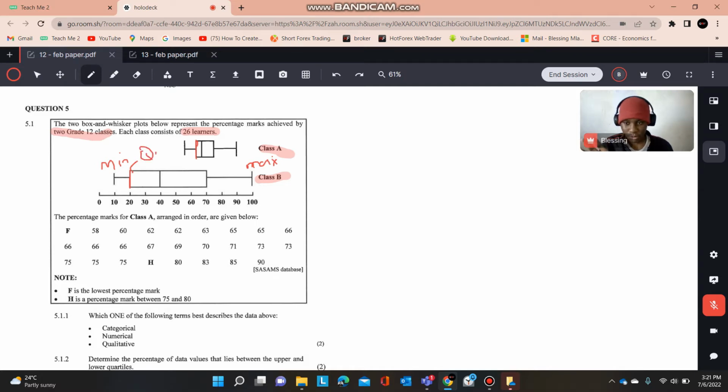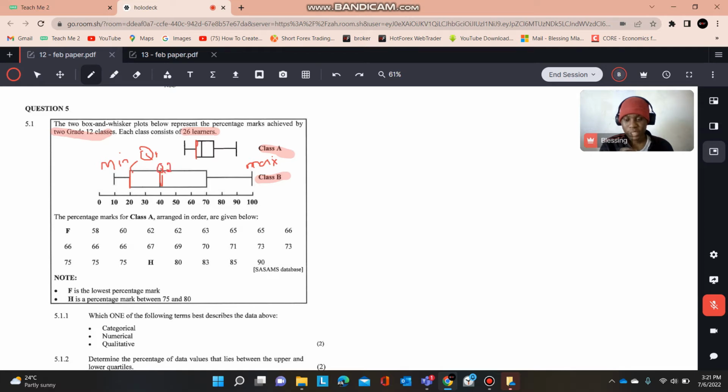So for both box and whiskers, this lower end of the box represents quartile 1, and this one over here represents the median, right? The median number, the median mark, meaning the mark that is in the middle, also referred to as Q2.